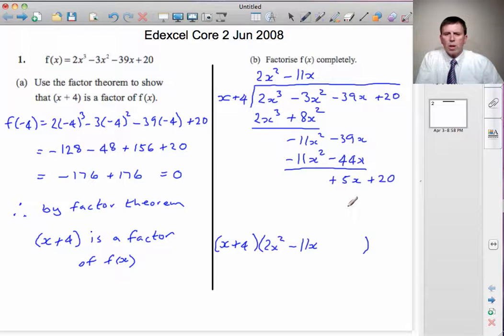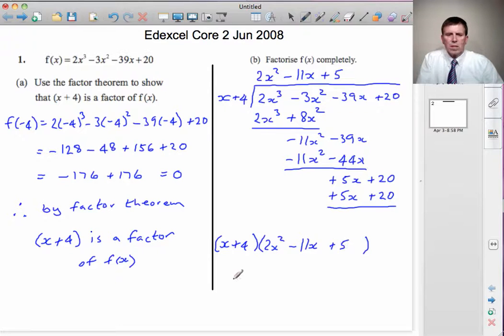Now, what do I multiply x by to get plus 5x? Answer, plus 5. So plus 5 times x is plus 5x, and plus 5 times plus 4 is plus 20. And we see there's no remainder, and indeed we weren't expecting a remainder because we knew x plus 4 was a factor.